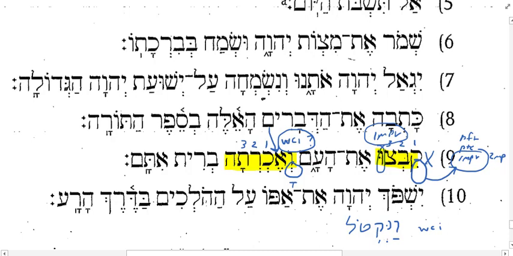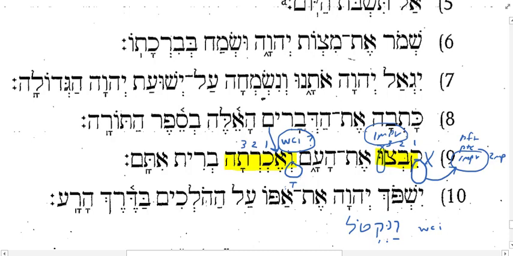That's my choice. So again, is this vav the special vav of the WCI pointing? WCI or vayiktol, those both are the same thing. So does this have the special vav on it? No, this is the normal vav. It's the vav with the simple vocal shava, which is what vavs come standard with, right?